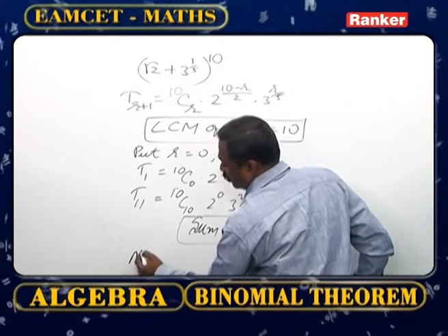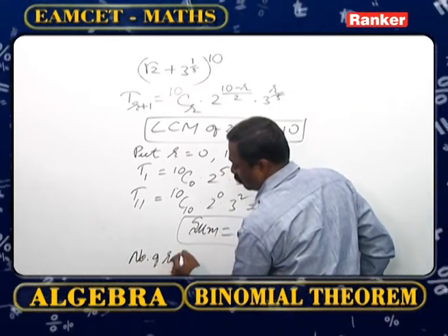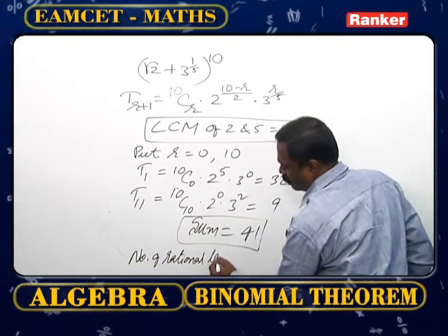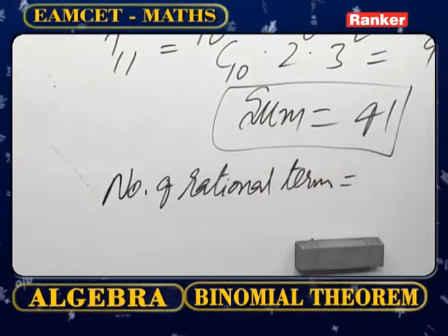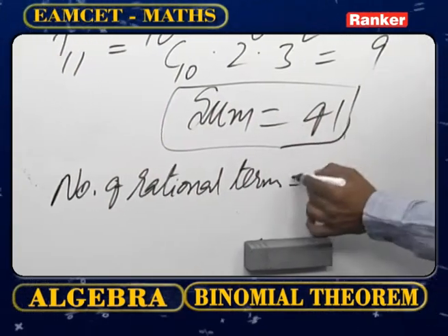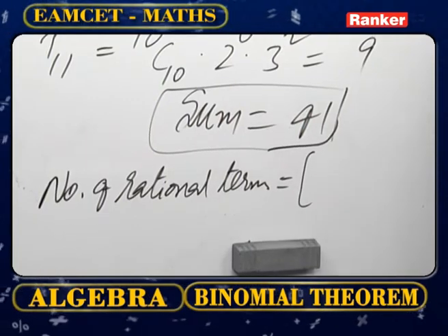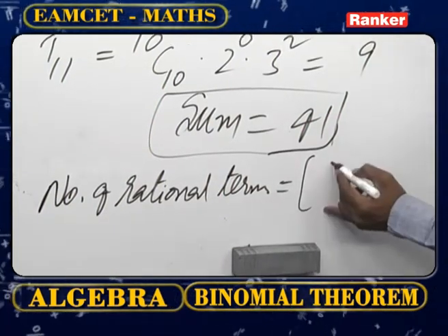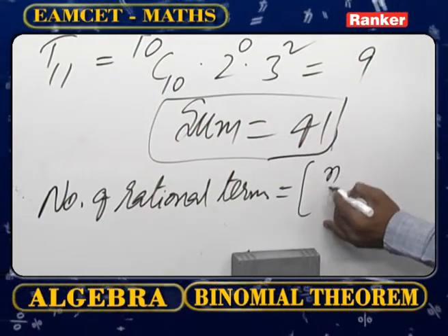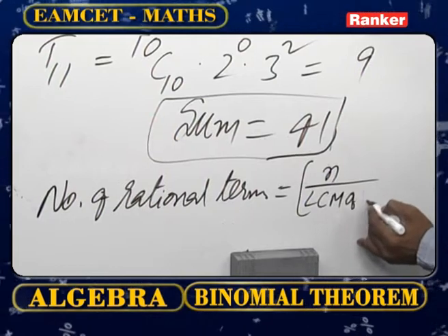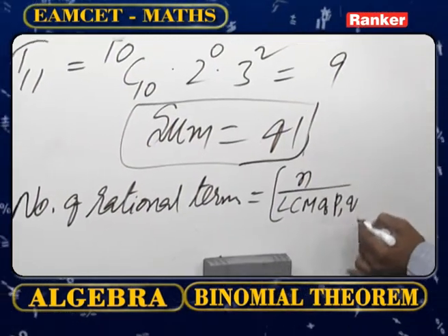Number of rational terms is equal to step of, that is greatest integer function, step of n upon LCM of p comma q. What is this p comma q?